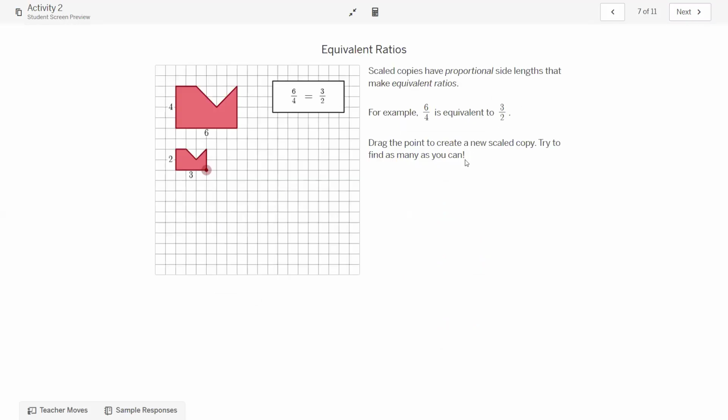All right, so we talk about scale copies. We also talk about equivalent ratios and proportional side lengths. So that means the side lengths are proportional to each other. And what does that mean? Well, that means this. If I take 4 and 6, we're going to use our calculator this time.